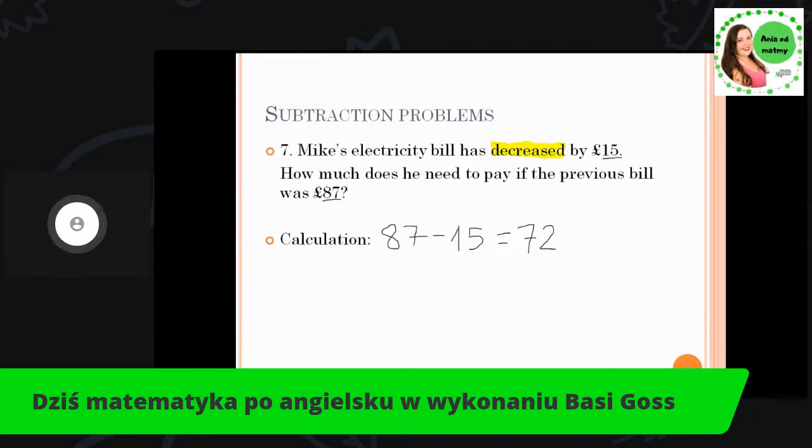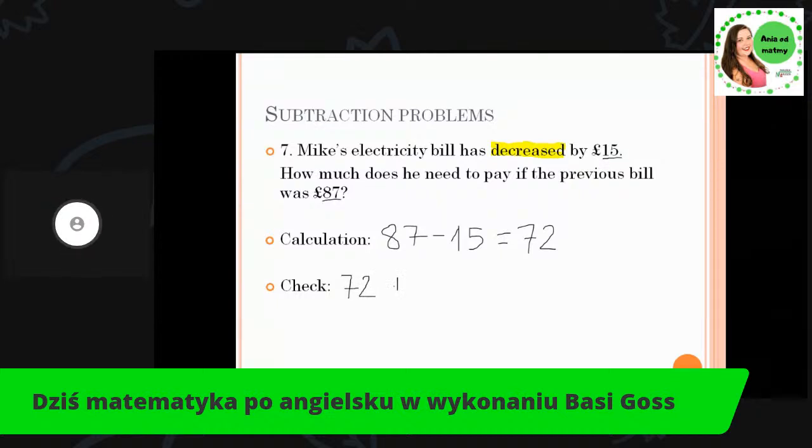And the check for that calculation would be, what is the check? I'm going to use the reverse operation. And the reverse operation for subtraction is addition.